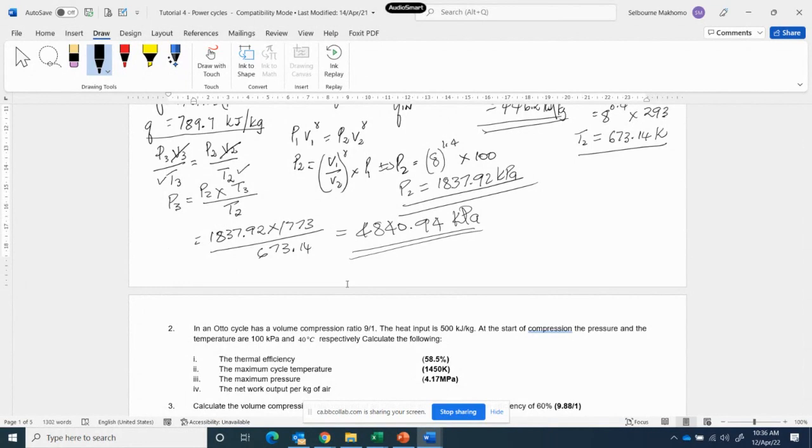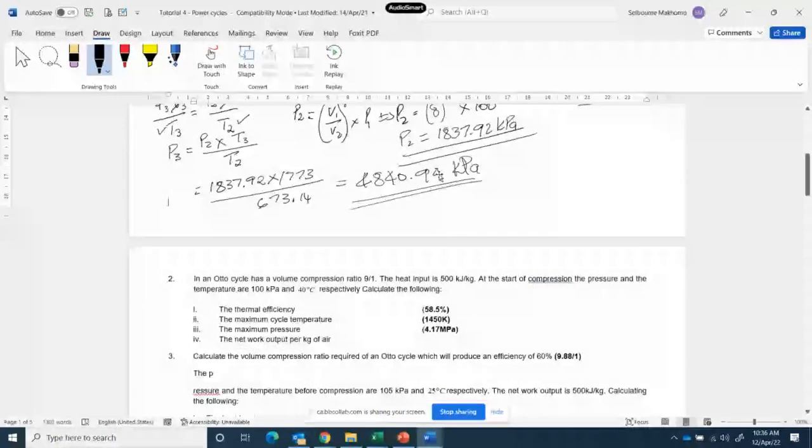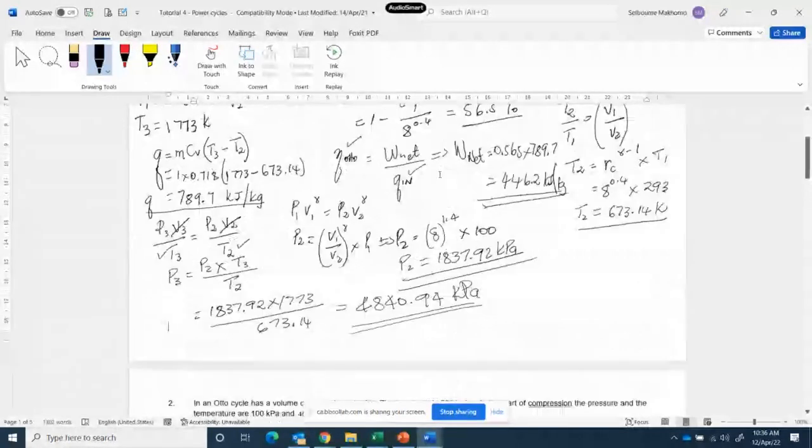So you haven't done the second law calculations? Yes, sir, we did not do second law calculations. That is going to be a problem because in the mid-term test you are going to have calculations on second law. You cannot avoid calculations on second law. It's very, very important.